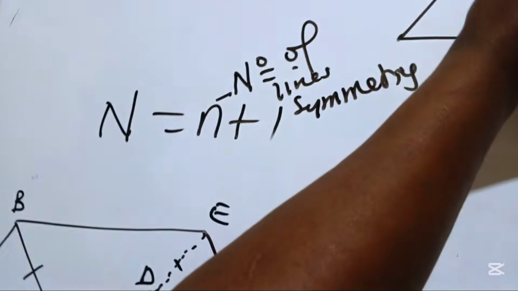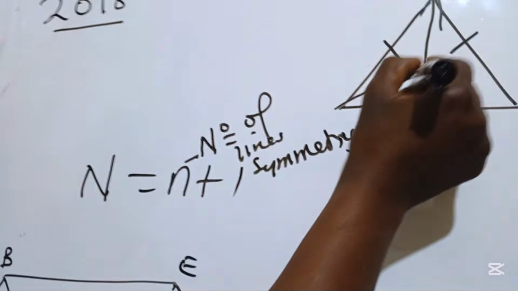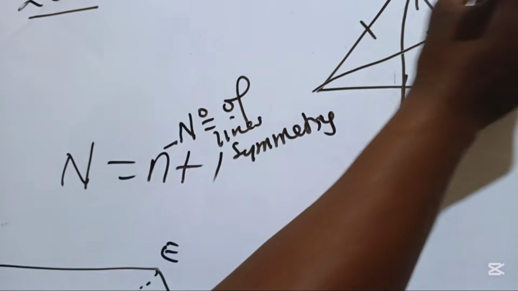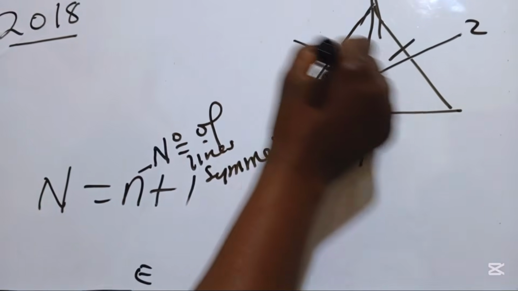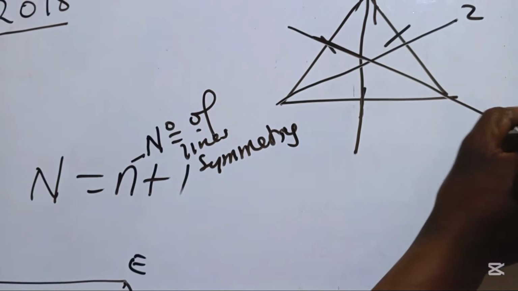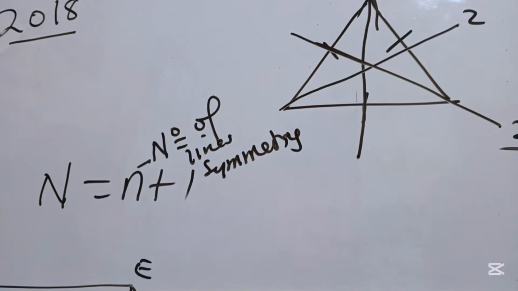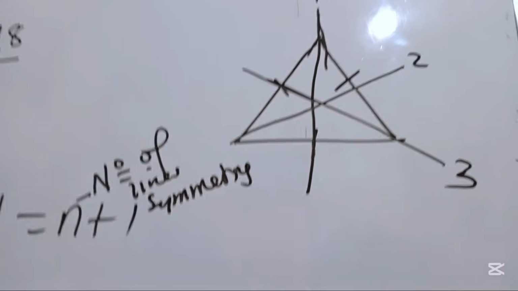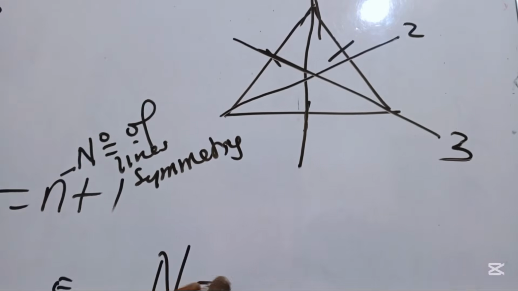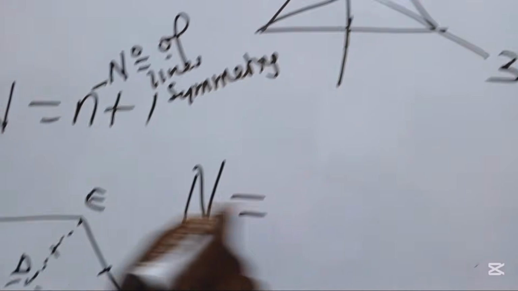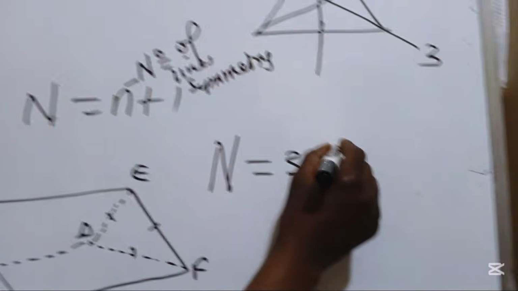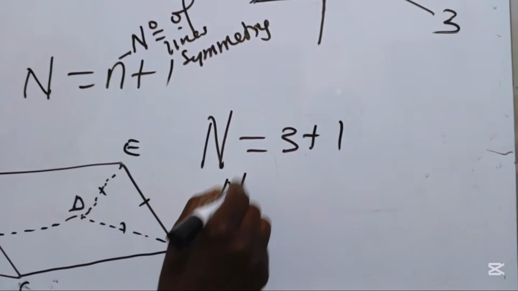I've got another one here, which is number 2. I've got the last one, this one. So it has got 3 lines of symmetry. Applying this in our formula, the number of planes of symmetry is 3 plus 1. So the answer is equal to 4.